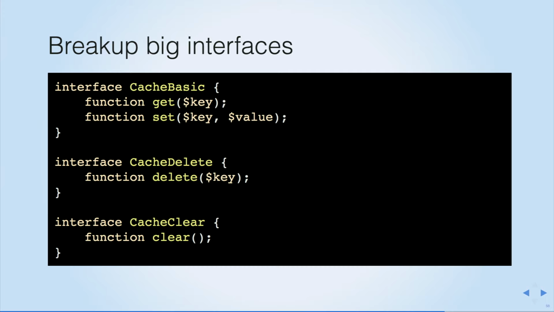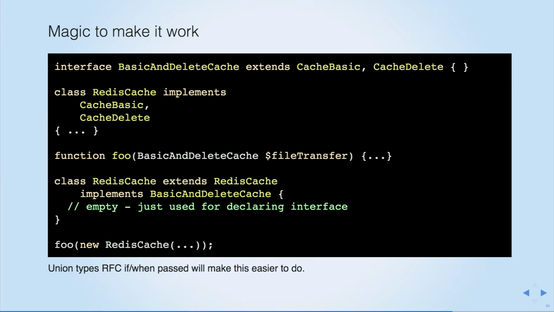For each of the things that were in the big interface, create a very, very, very small interface. What you can do once you've done that is to declare an interface that is specific to the thing that's using it.